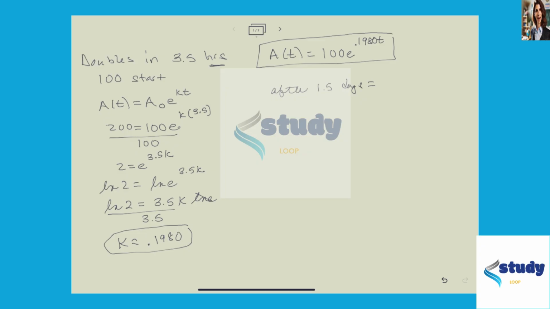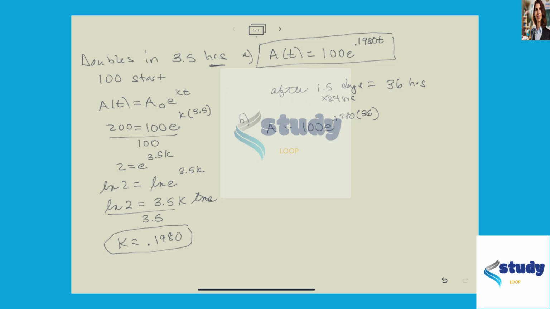So 24 hours in a day, I'm going to multiply by 24 hours, and I'm going to get 36 for my time. So when I go into my formula now for B, this is A, I'm going to put in 0.1980. I'm going to put in 36 for t. Don't put in 1.5. If you put in 1.5, you're saying 1.5 hours.